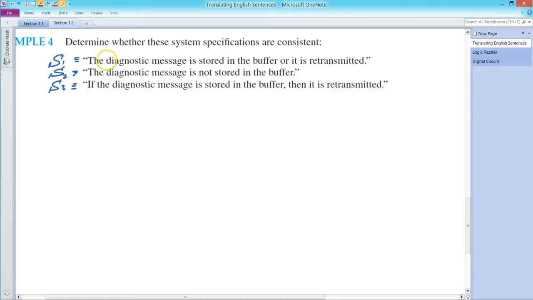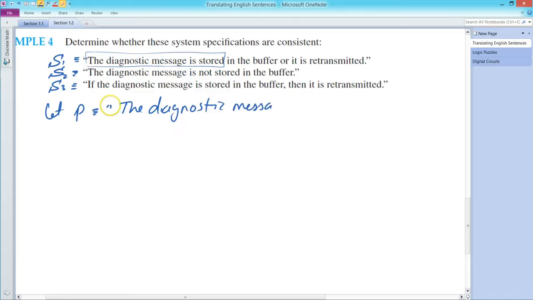So I can see that the diagnostic message is stored is one component. So let P be the statement the diagnostic message is stored in the buffer.